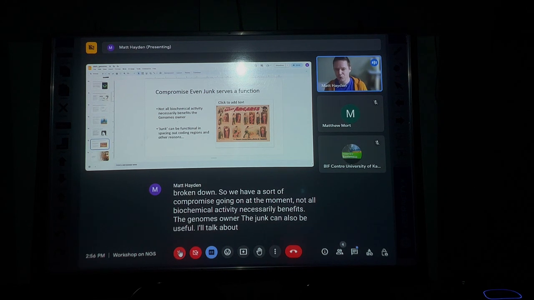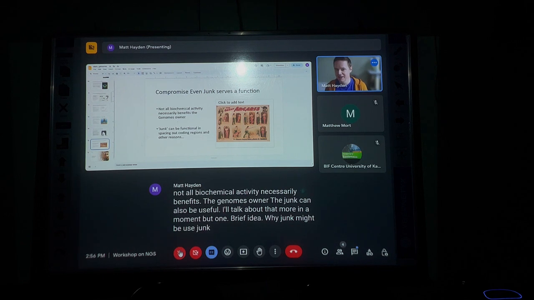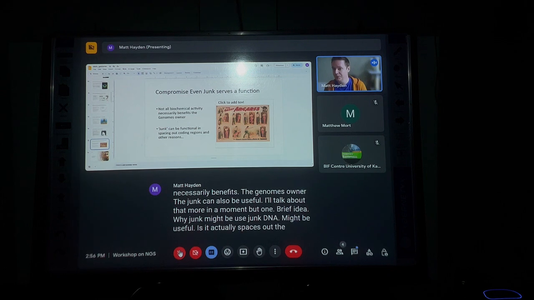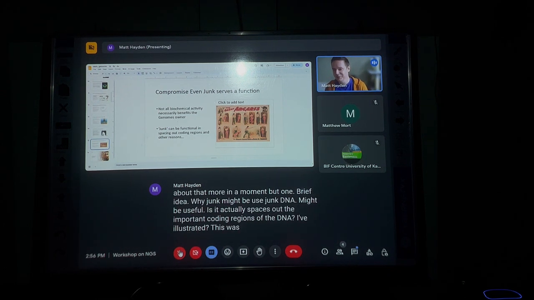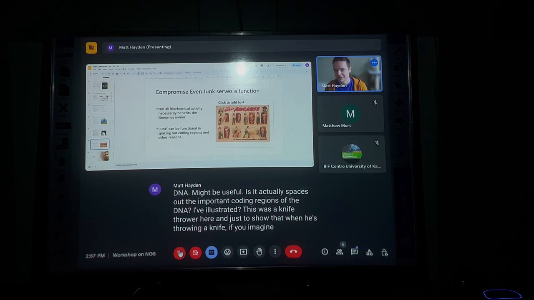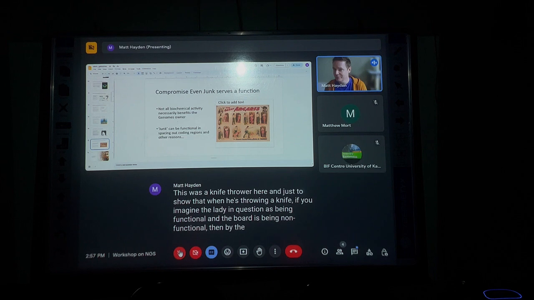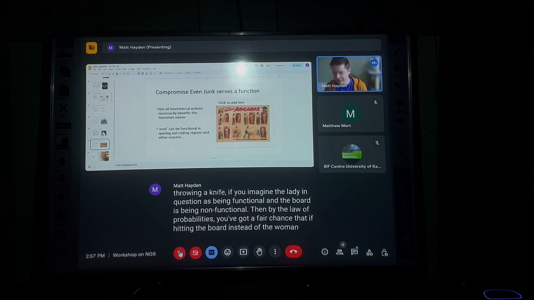I'll talk about that more in a moment, but one brief idea why junk DNA might be useful is it actually spaces out the important coding regions of the DNA. I've illustrated this with a knife throwing here, and just to show that when he's throwing the knife, if you imagine the lady in question as being functional and the board as being non-functional, then by the law of probabilities, you've got a fair chance there of hitting the board instead of the woman, hopefully.